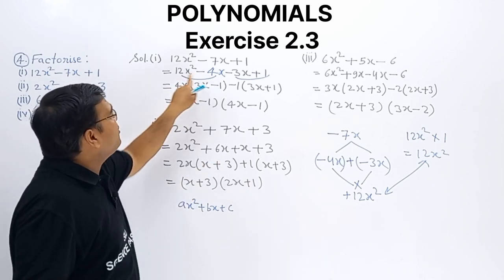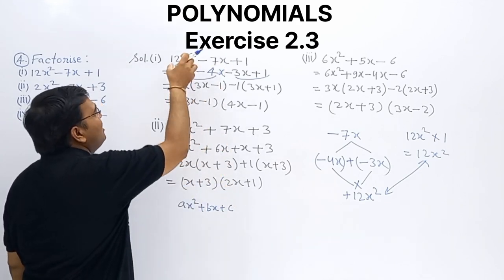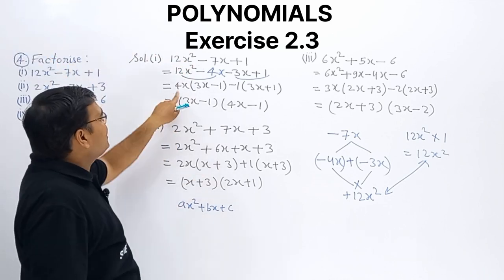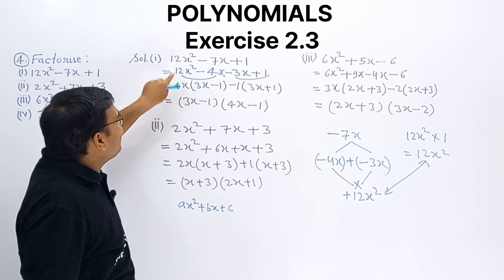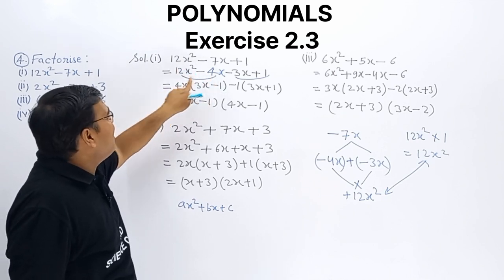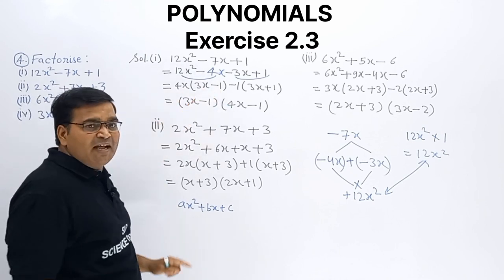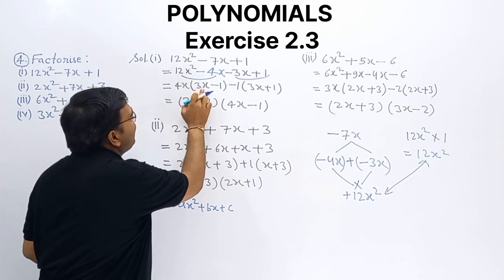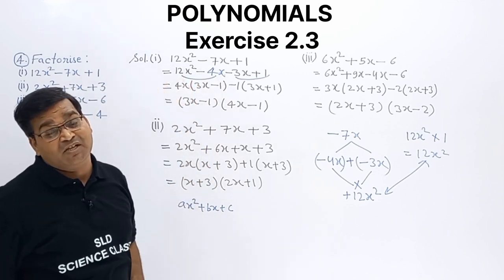So in both, 4x is common, because 4x is divisible by 4x and 12x square is also divisible by 4x. So I am taking 4x as common. Then this divided by this gives 3x, and this one divided by this one gives this. Clear? Once we apply the distributive law, again 4x multiplied by minus 1, this one with the sign. Clear?